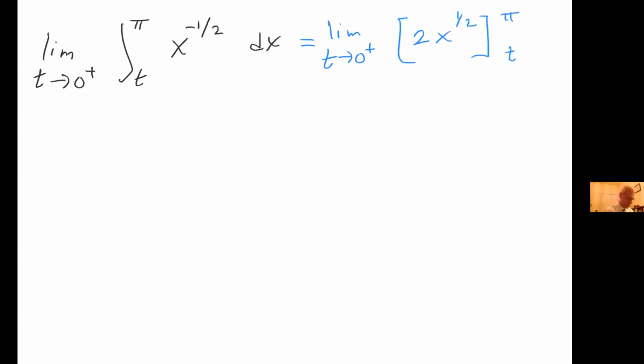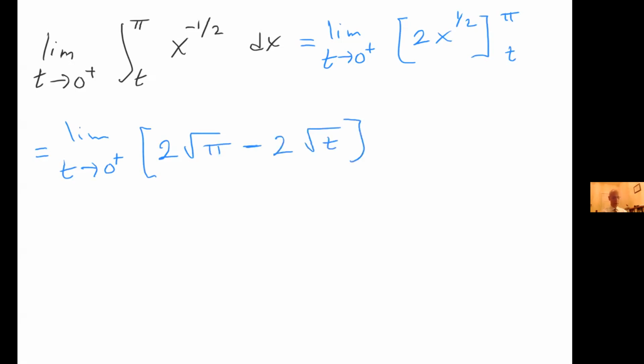And that equals the limit as t is approaching 0 from the right-hand side. So when I plug in pi, I get 2 root pi minus 2 root t. And so what happens as t is approaching 0? This becomes 0.